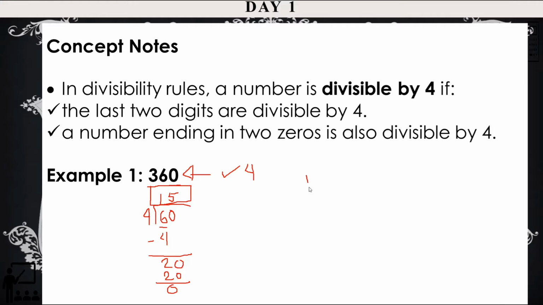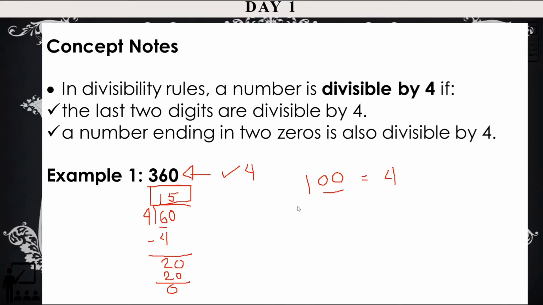So let's have another example. What if we have 100? Is this divisible by 4? Yes, because by the definition of divisibility by 4, if a number ends with 2 zeros, then it is divisible by 4. Since 100 ends with 2 zeros, it is divisible by 4.